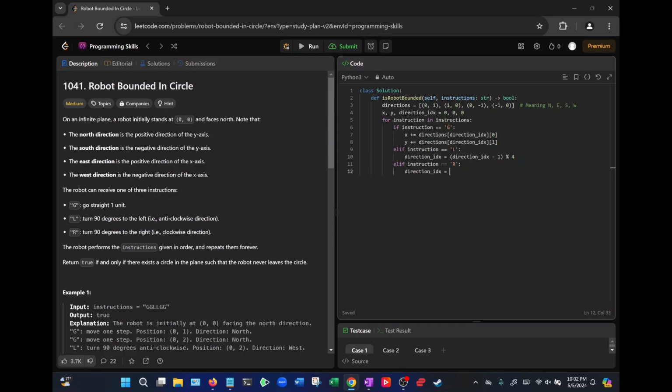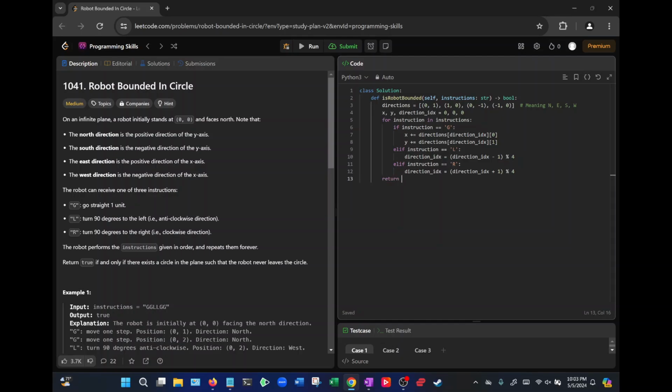That probably would have been better because it would run faster, since you're checking fewer things, but this is fine. It'll work. Here it's the same thing, but we add 1, because when turning right, you just go forward 1 in this list of directions. We use modular arithmetic here.